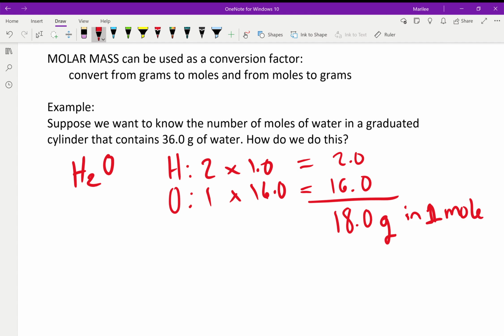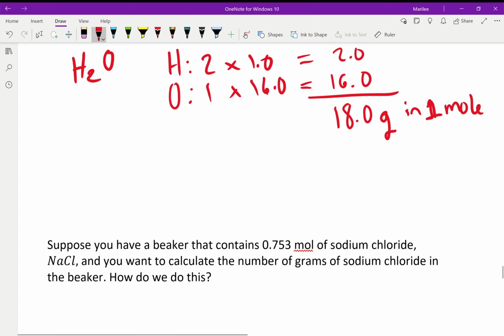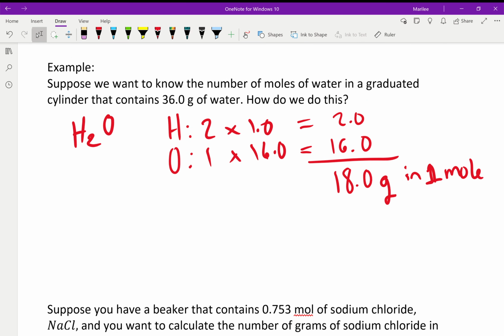Okay, so we want to know the number of moles of water. So how do we do that? We're given 36 grams, so we have 36.0 grams of water, right?